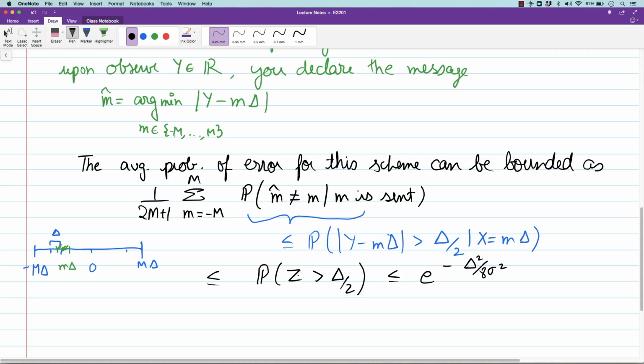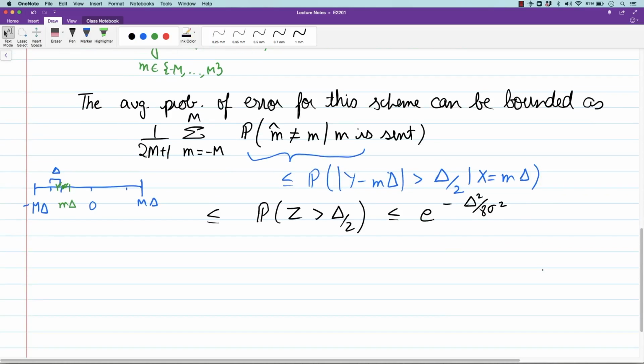This is just the probability that a Gaussian exceeds t is less than or equal to e to the power minus t square by 2 sigma square. This is basically called the Q function, and this is a well-known bound for the Q function. So this is the average probability of error that you get.